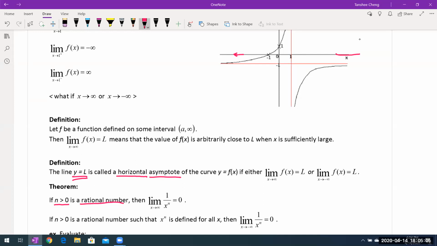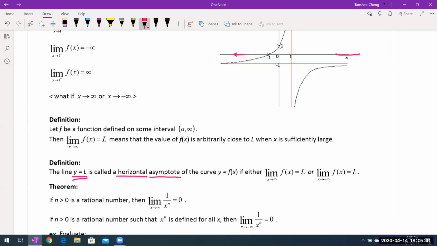If n is a rational number greater than 0, and as x gets bigger and bigger, and you raise the power, then the denominator will be an even larger number. 1 divided by a very large number is pretty close to 0. And we call that approaching the limit of 0. So this is a useful theorem that we're going to use in our computations later on in the examples.